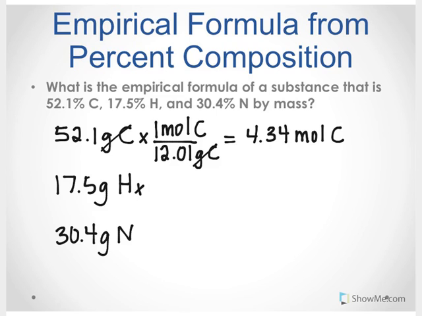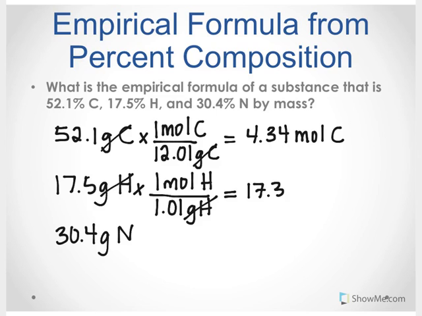Okay. Now you're going to do the same thing for hydrogen, and from our previous problem we already did hydrogen, so you shouldn't have to go back to your periodic table. We know that the mass of hydrogen is 1.01 grams, so we cancel out those units, and we can see that the answer is 17.33 moles of hydrogen.